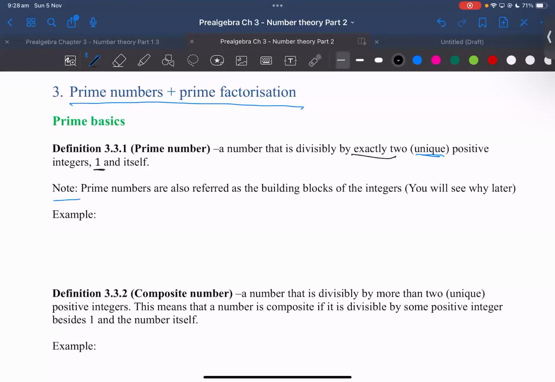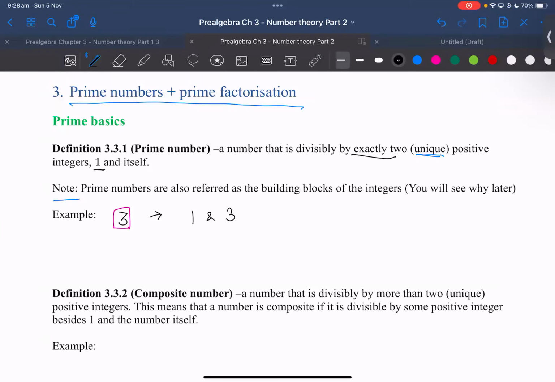So I'll give you some examples of prime numbers, right? Is 3 a prime number? Yeah, because it's divisible by 1 and 3. And if you look, there are only 3 numbers to check: 1, 2, and 3.